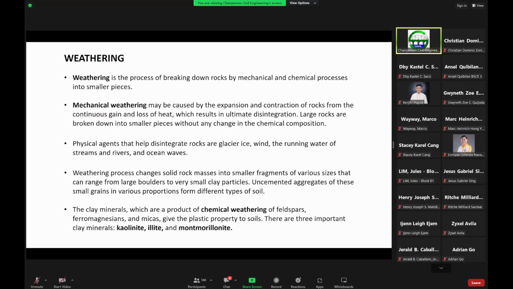Now, a weathering process changes solid rock masses into smaller fragments of various sizes that can range from large boulders to very small clay particles. So, uncemented aggregates of these small grains in various proportions form different types of soil. For example, when we do geotechnical investigations in the field, normally we have what we call a borehole log.